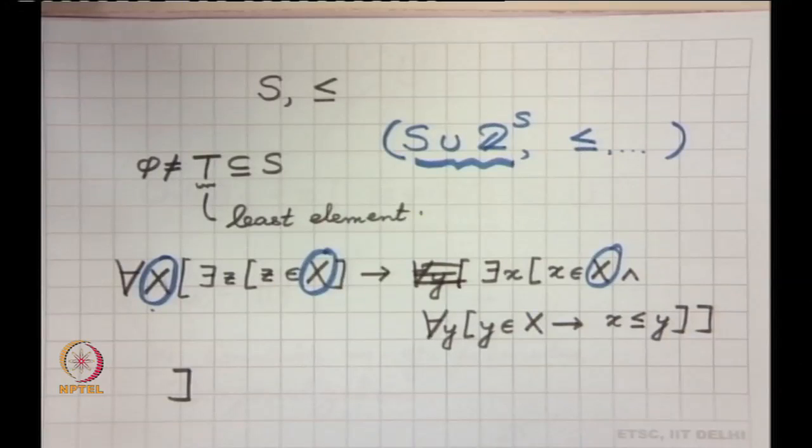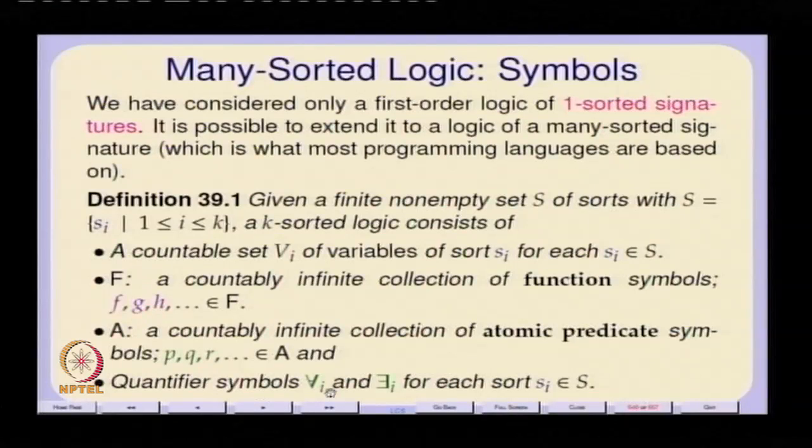So I have put a subscript i here, essentially to say that for different kinds of variables we have different quantifiers.